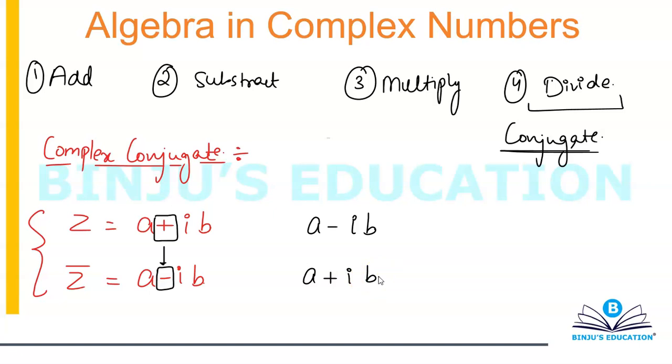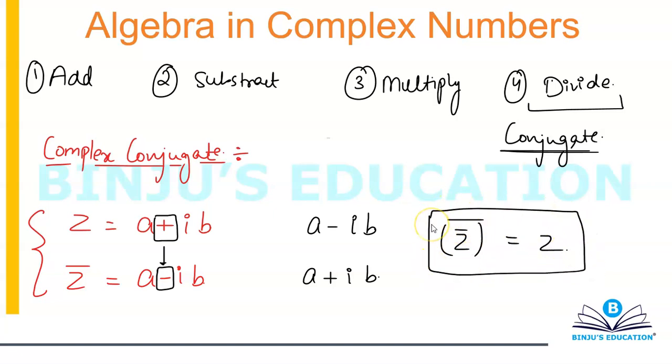This is basically what it means. Okay, so you can say that z bar whole bar will be equal to z. Anyways, you don't have to go into this much detail. Nobody's going to ask you this, but you just need to know this. If it is a plus iota b, then the complex conjugate is a minus iota b. If it is a minus iota b, then the complex conjugate is a plus iota b.